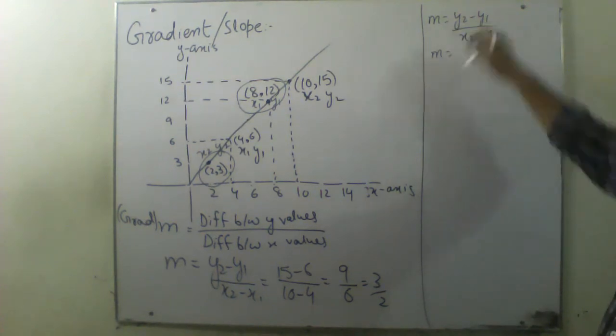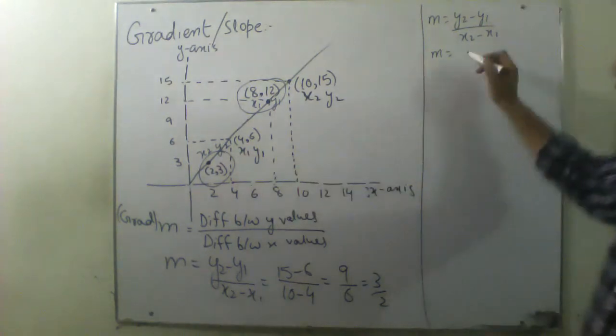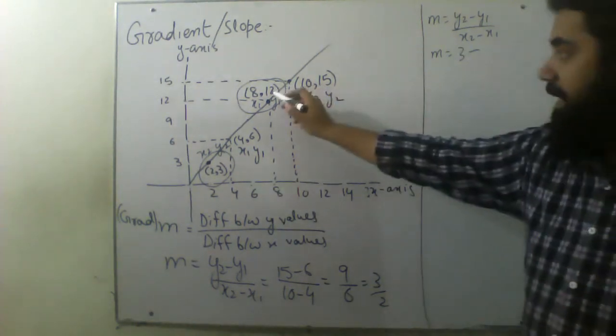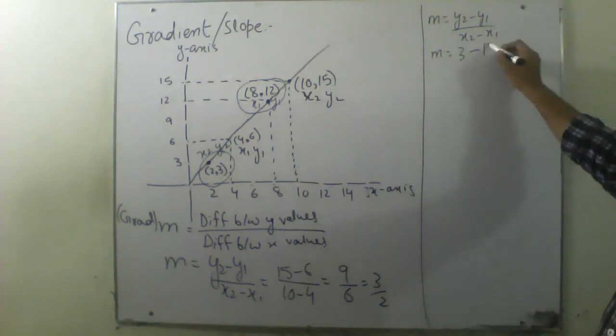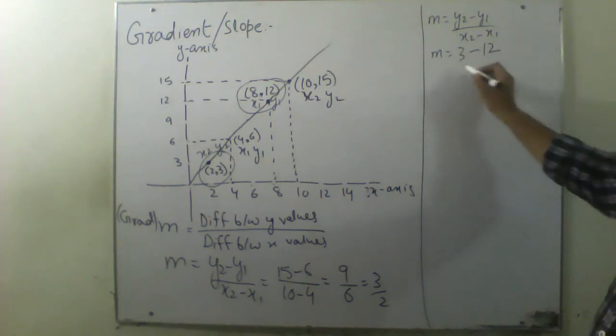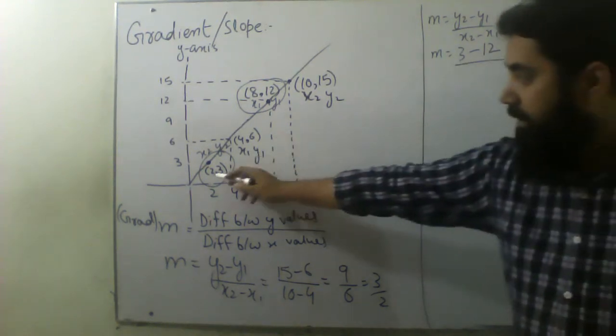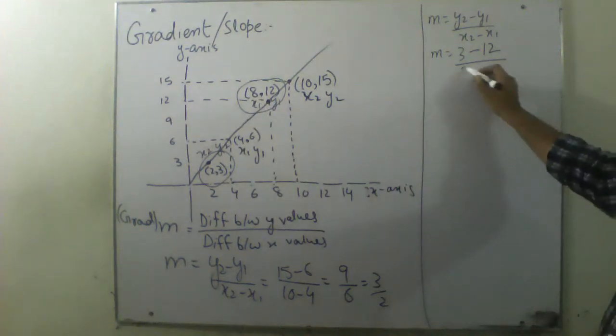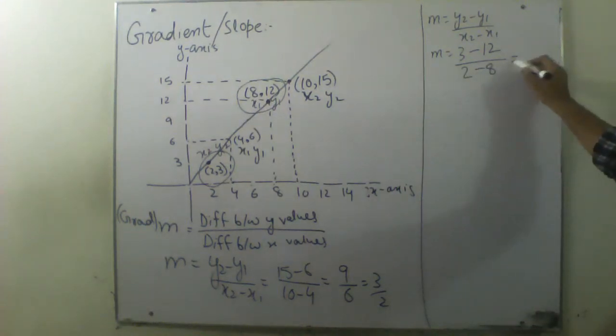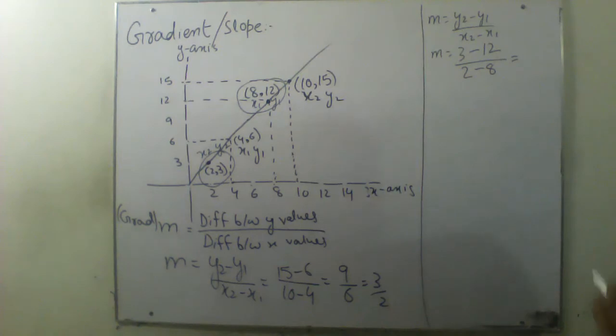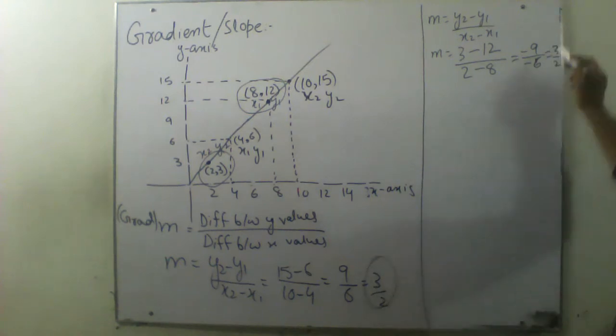So y2 is 3 minus 12 over 2 minus 8. Simplifying, 3 minus 12 will be minus 9, 2 minus 8 will be minus 6, and the result is 3 over 2. Same as this one. The results are coming the same.